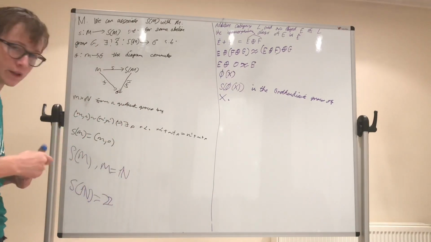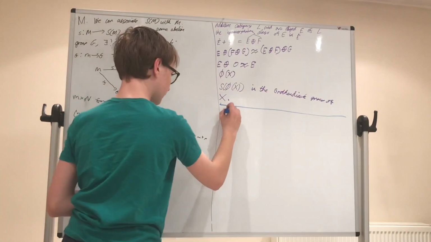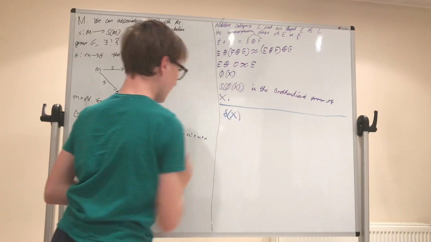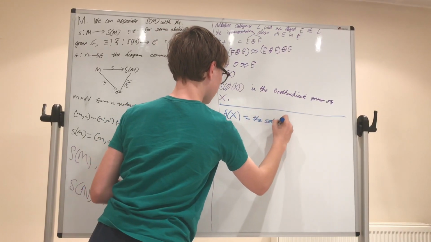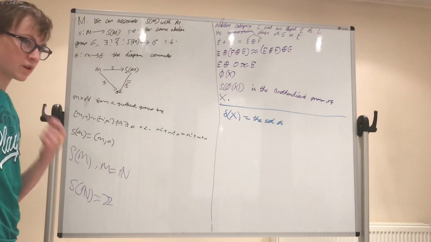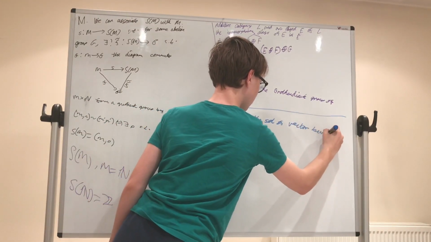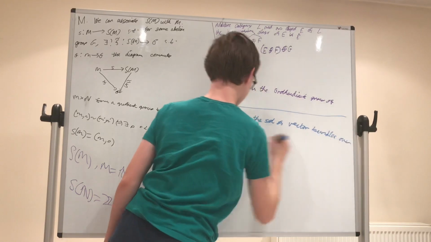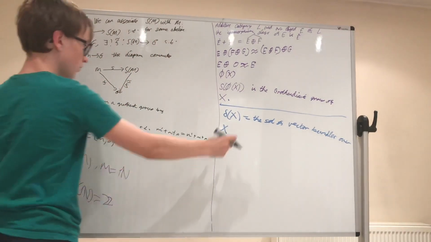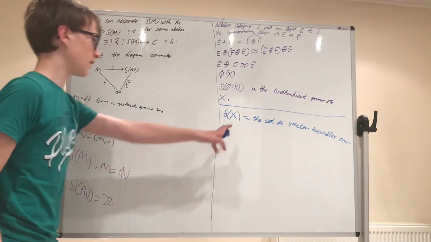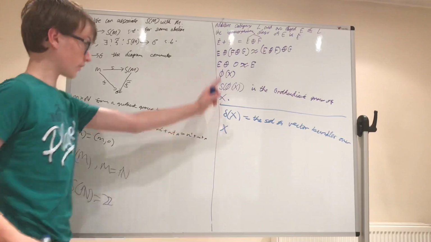If we have delta of x equal to the set of vector bundles over x, and x is a compact space, then the Grothendieck group of this is normally denoted K of x, instead of S of phi of x.